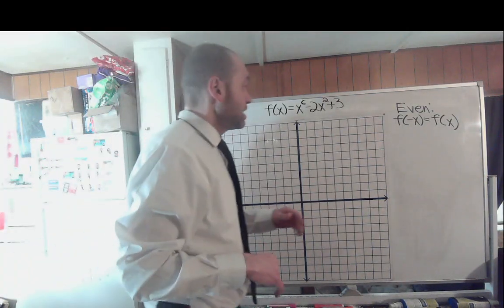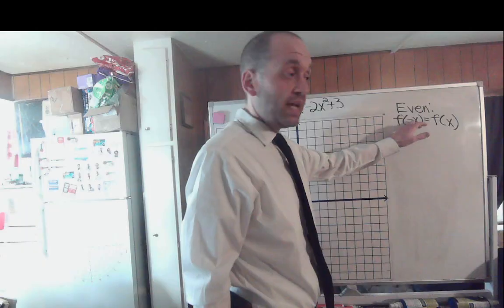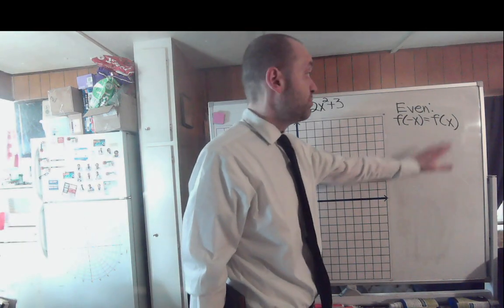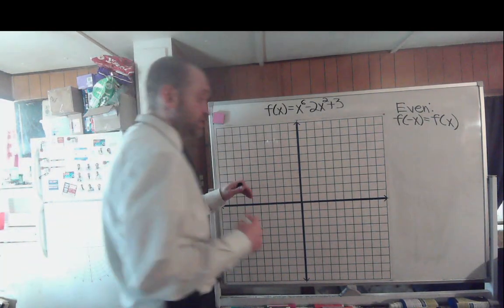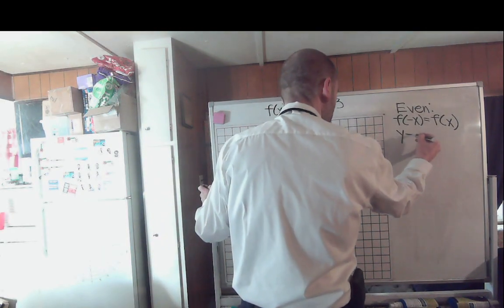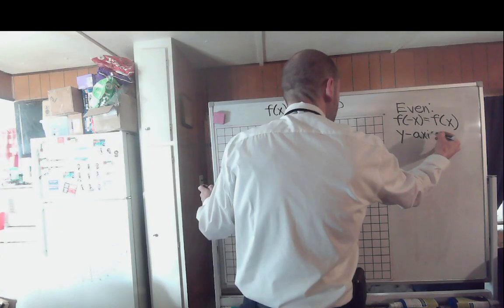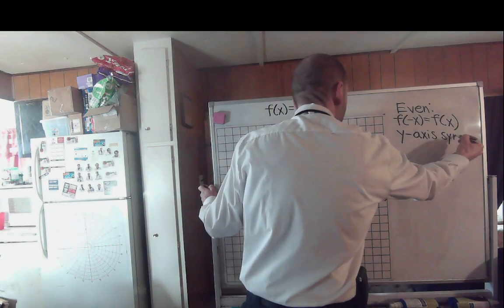Algebraically, putting in negative x for your f of x will give you back the original f of x. Graphically, it means it's going to have perfect symmetry with the y-axis. So an even function has y-axis symmetry.